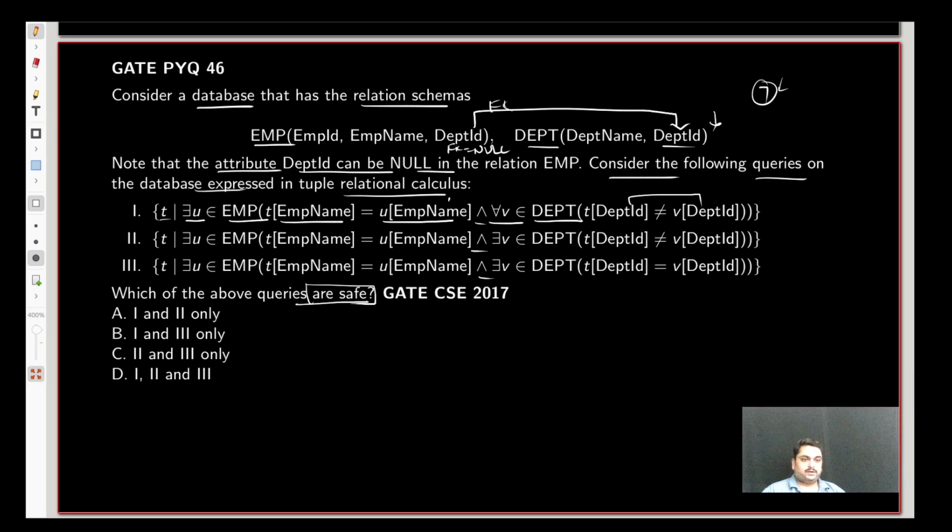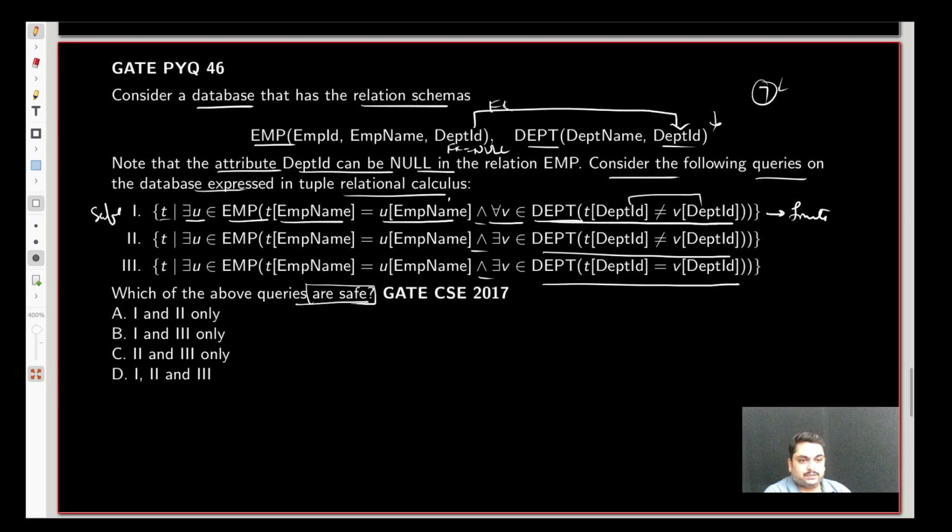Check the result here. Can this part produce infinite tuples? Checking the condition T dot department ID is not equal to V dot department ID will not produce any infinite results. It will always produce finite results. So this query is safe.